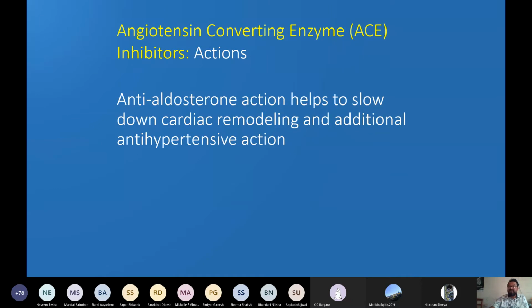So I'll tell you that this drug is good for decreasing your BP, as well as it will produce protection against this hypertrophy of your heart. This is a very positive point for most of the patients, because eventually hypertensive patients will have remodeling of the heart, or cardiomegaly.